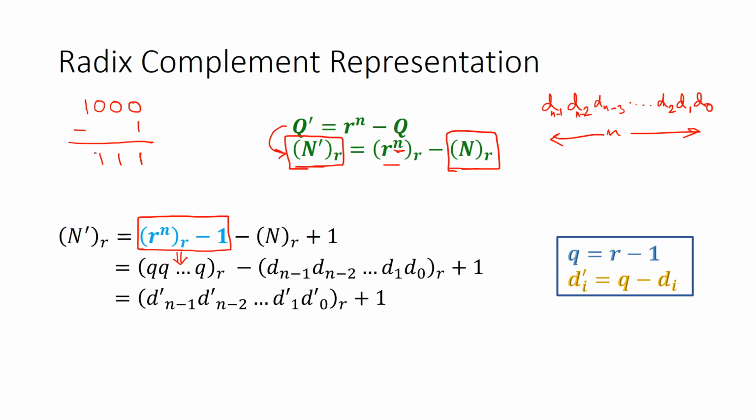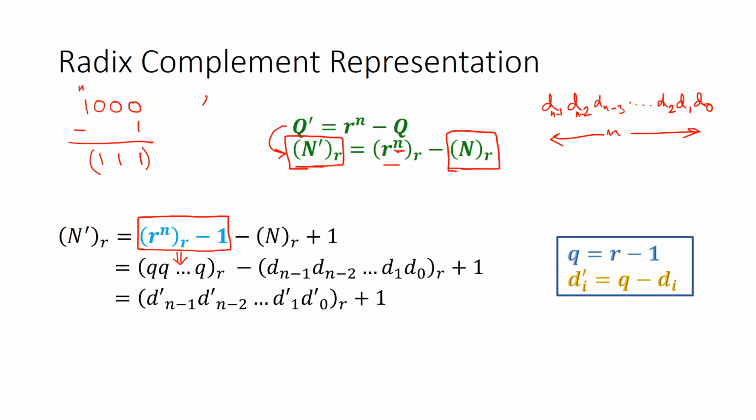So I will get a number of length n. What is the length of r to the power of n represented in the r base? It is actually n plus 1, and the MSB has position n, and that would be 1.